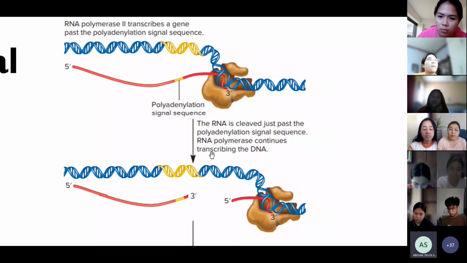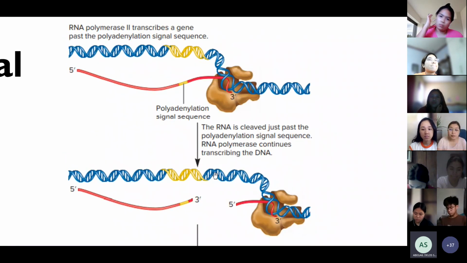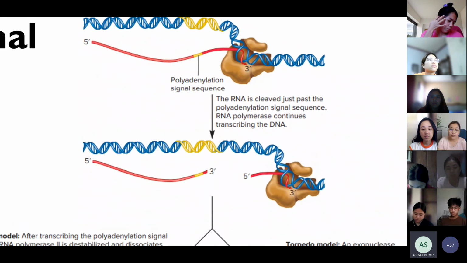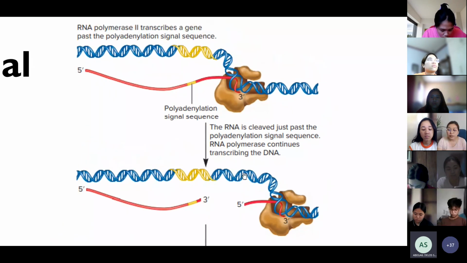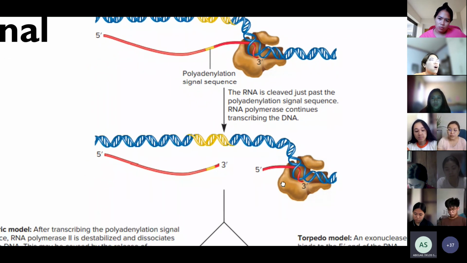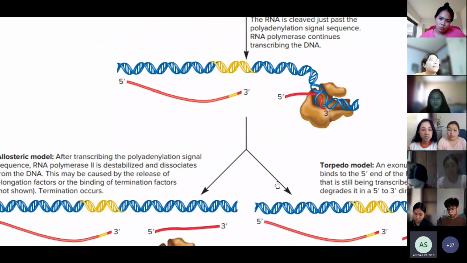So here, this is where our polyadenylation starts. This is actually a simplified version, so we'll just show you the photo. Your RNA would now be cleaved just past your polyadenylation signal sequence, and the polymerase would continue to transcribe the DNA.